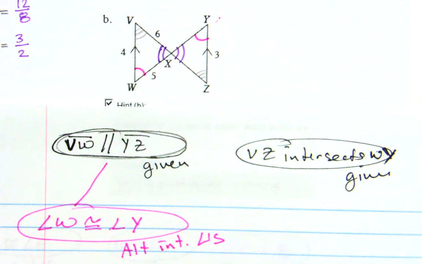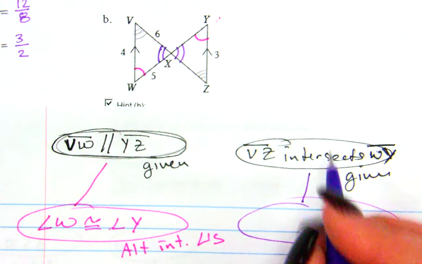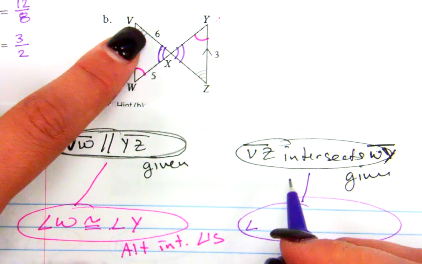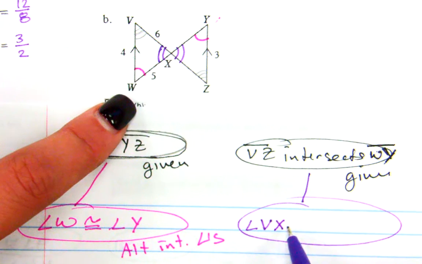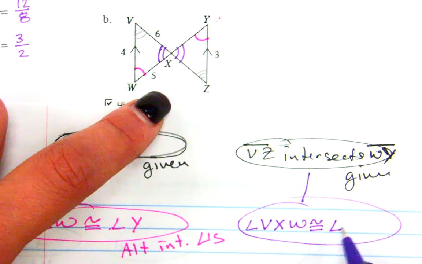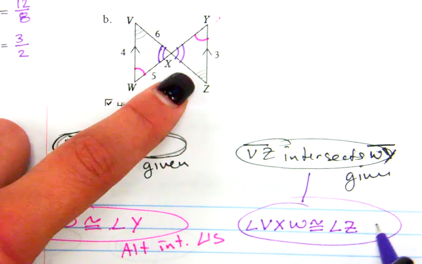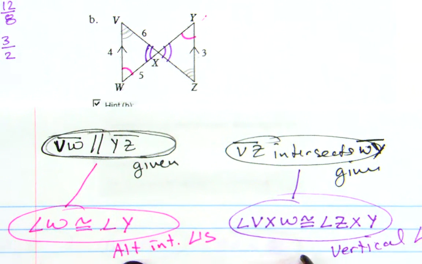So that means you have two intersecting segments. So what you're going to get is that angle VXW is going to be congruent to angle ZXY by vertical angles. Okay, so there's your two angles.